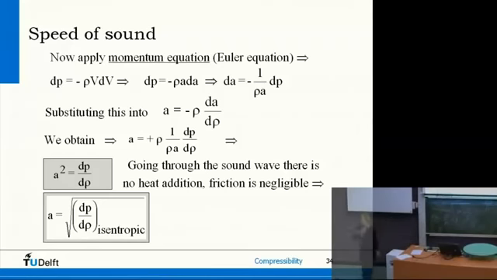So my speed of sound squared is related to the pressure changes and the density changes. And I now assume isentropic flow. Speed of sound is really an isentropic process. No friction, no heat comes into play. And then I can say that A is the square root of dP over d rho, isentropic. So that's something you should remember.